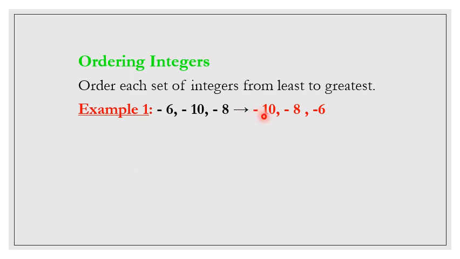When we order them, we'll start from negative 10, because if we order them on the number line, we know that any number is less than the number to its right. So from least to greatest, the least value is negative 10, then negative 8, then negative 6.